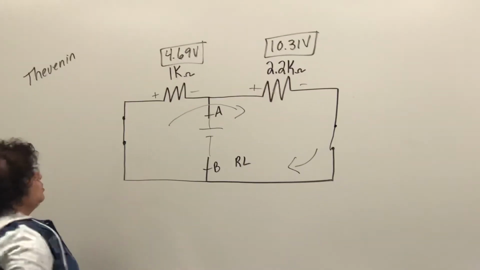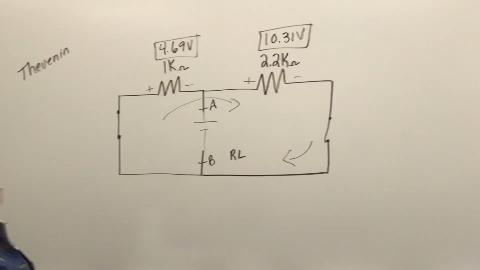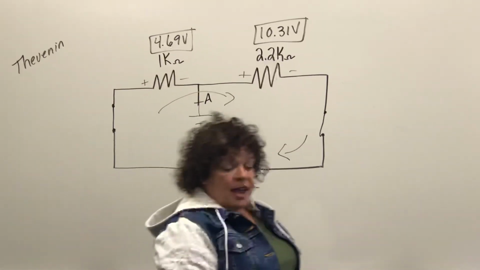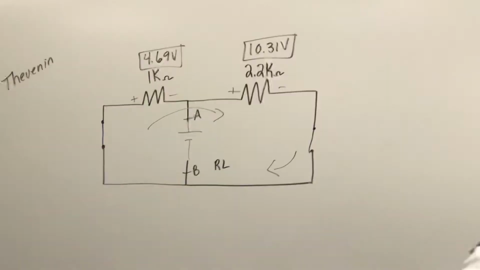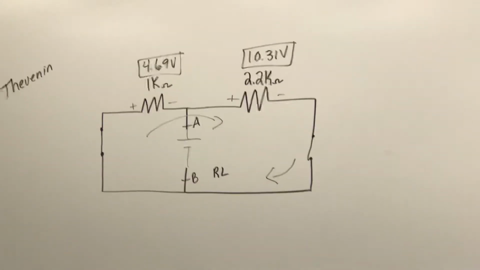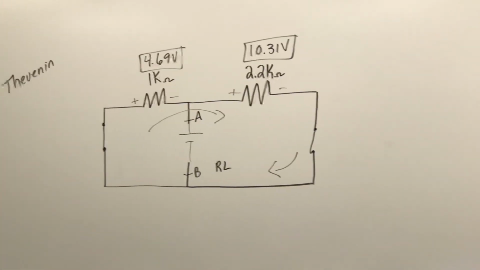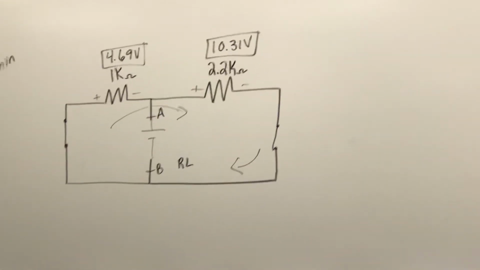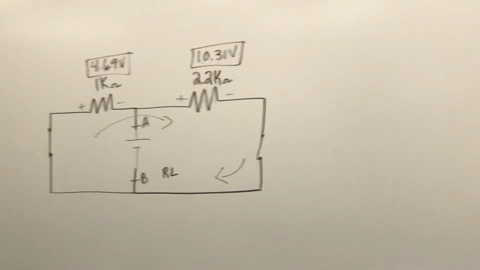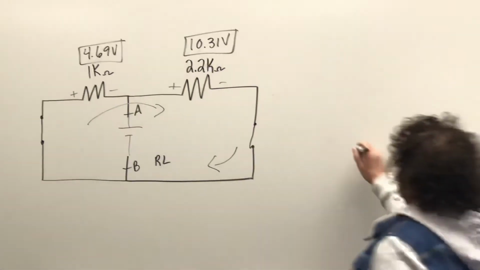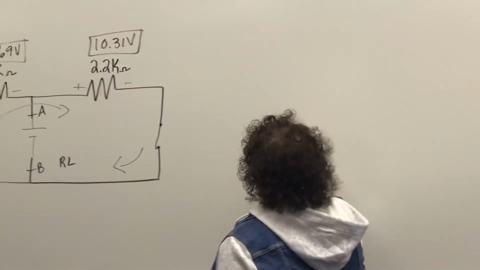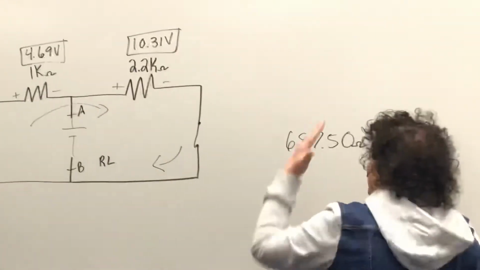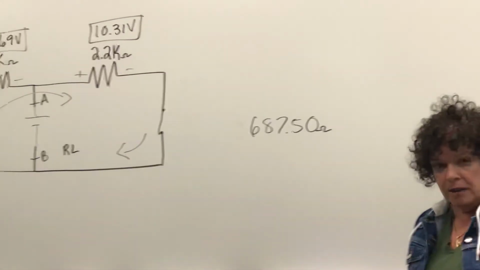So if you look at this, if there was a battery here, what's the relationship between the 1K and the 2.2K ohm resistor? That's right, they're in parallel. When you get the parallel combination, you should get 687.50 ohms when you put 1K in parallel with 2.2K.